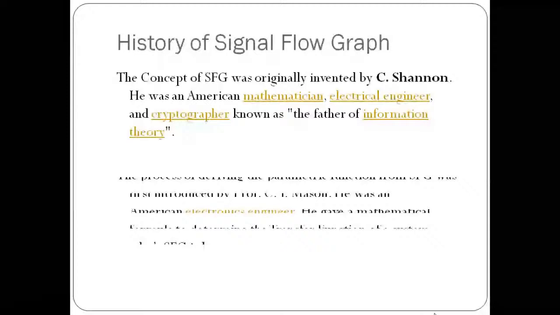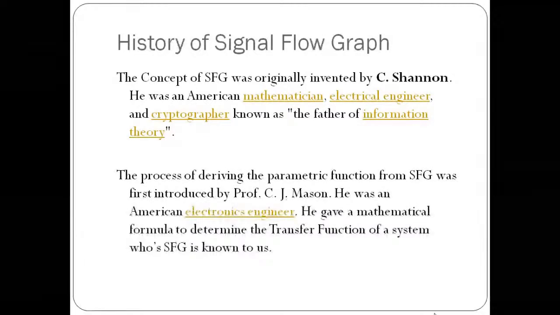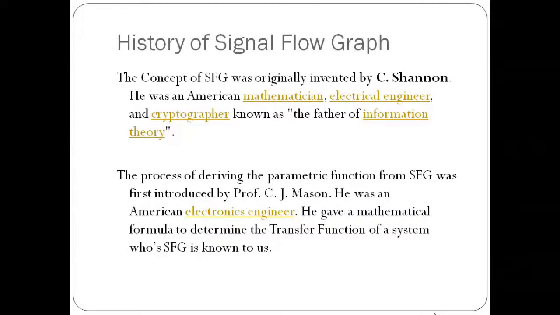And the process of deriving the parametric function, which is also called the transfer function, from a signal flow graph was first introduced by Professor C.J. Mason. And that's why this technique is called Mason's gain formula, because by applying this formula we are in a position to find out the overall gain of the system. That means the parametric function of the system through which we can define the system behavior.